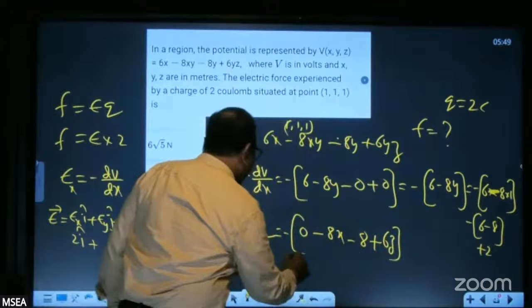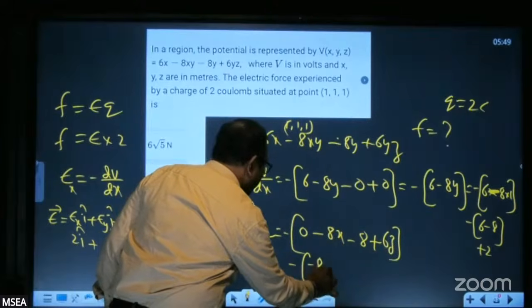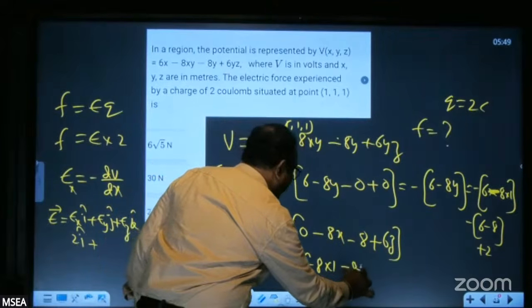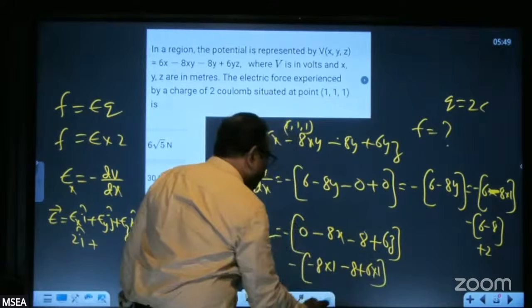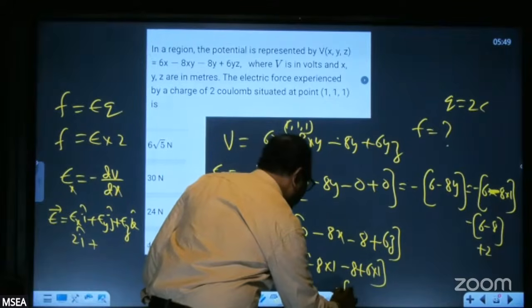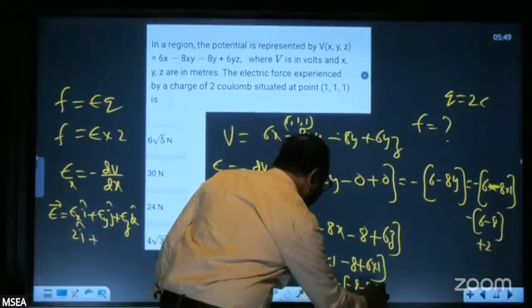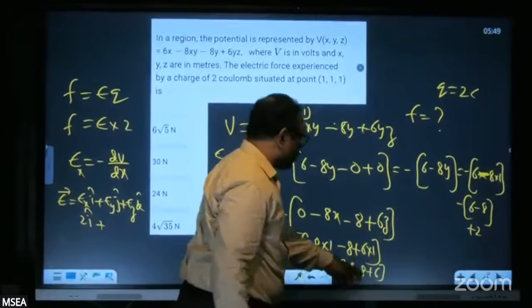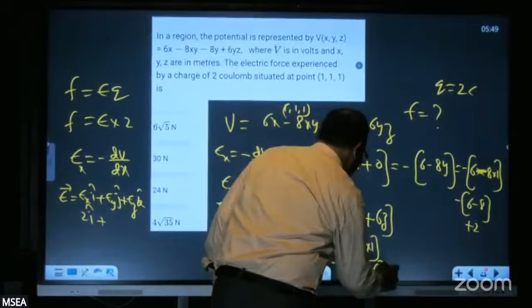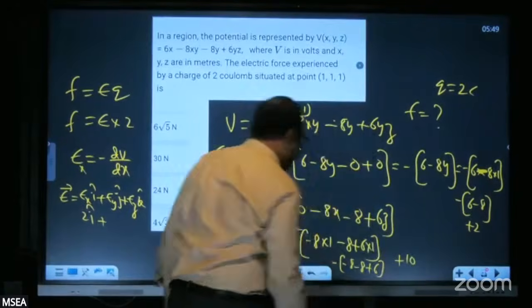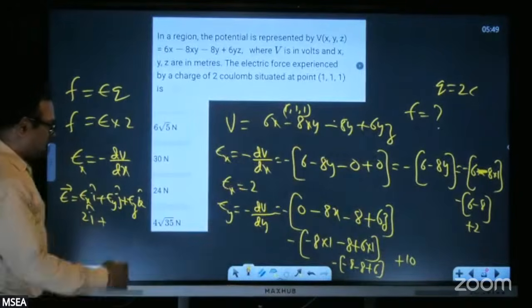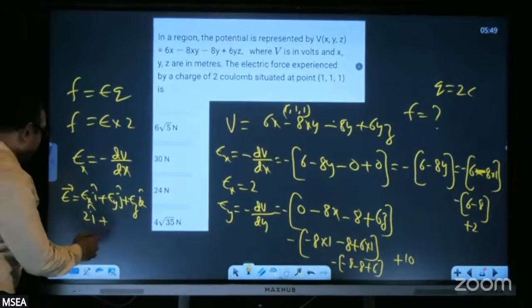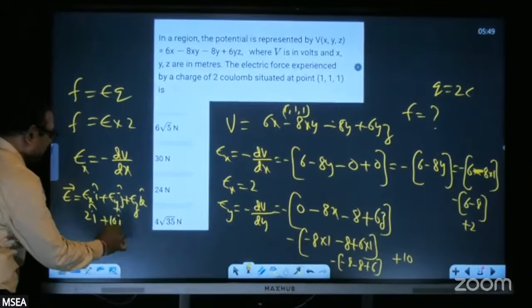If I substitute, minus 8 into 1 minus 8 plus 6 into 1, which is minus of minus 8 plus 6, that is minus of minus 10, so plus 10. So this is plus 10 j cap.